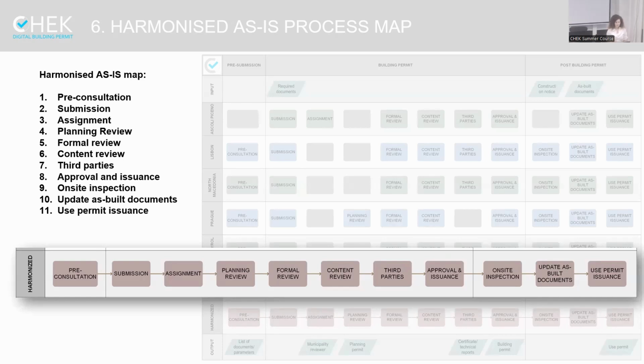So it had to include the pre-consultation phase, the submission phase, the assignment phase, the planning and review, the formal review, the content review, third party consultations, approval and issuance, and then the post building permit, which is the on-site inspection, the update of the as-built, and the use permit.